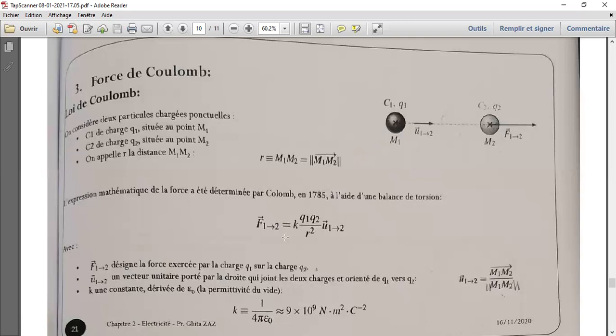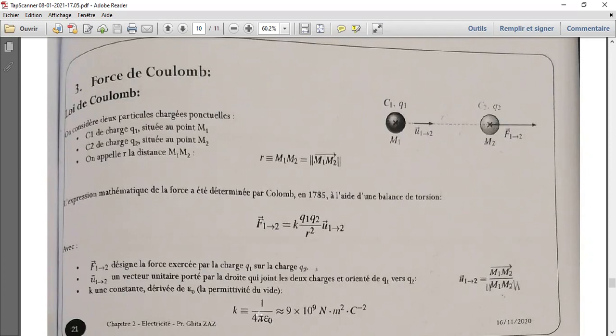Then K, as I said, is a constant, a derivative of epsilon 0. K is equivalent to 1 over 4 pi epsilon 0. You just have to know it.